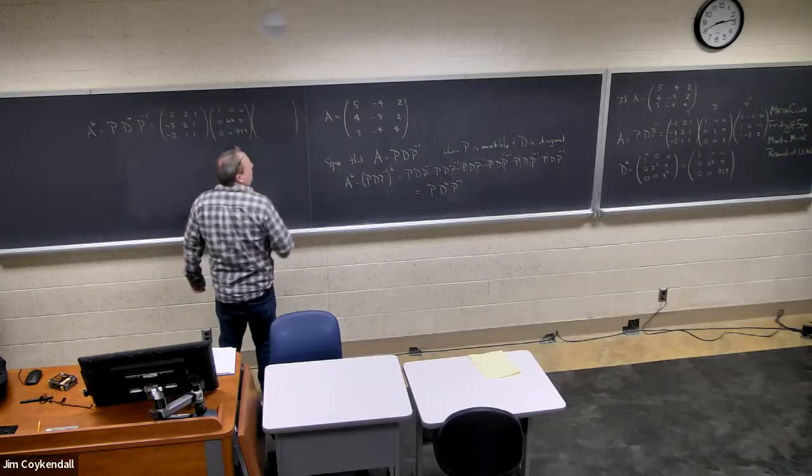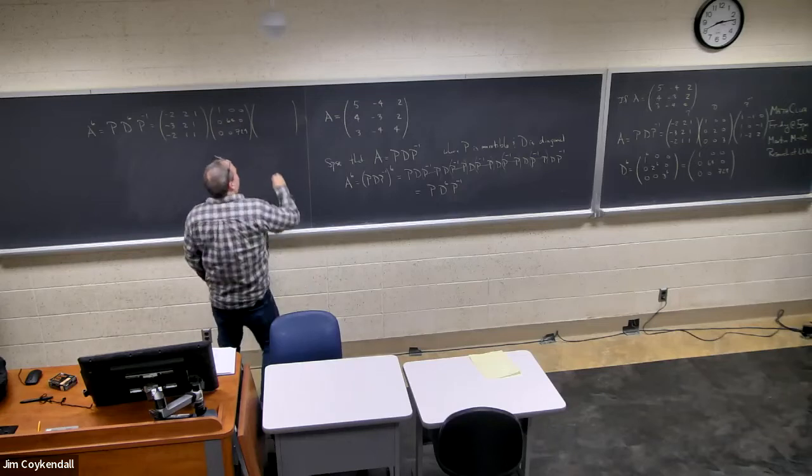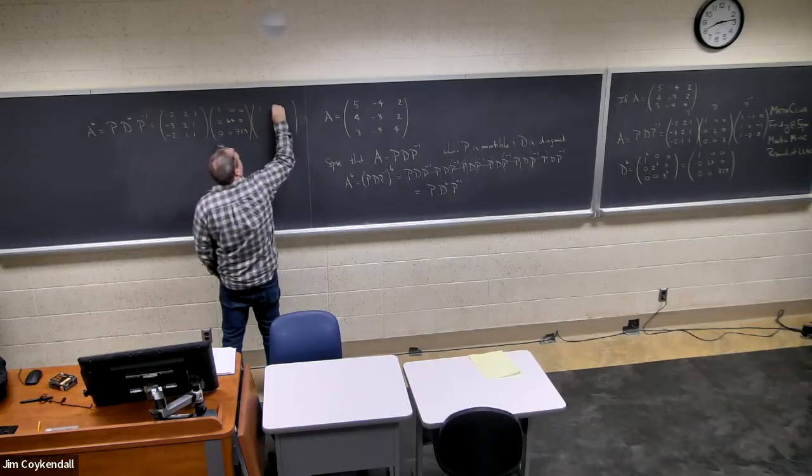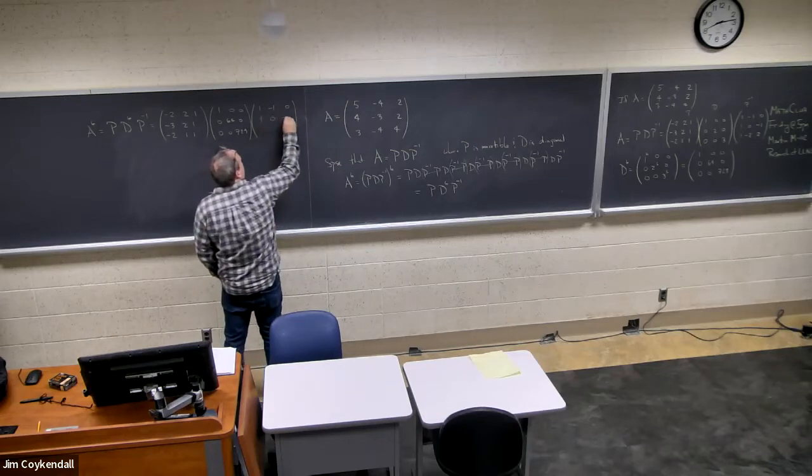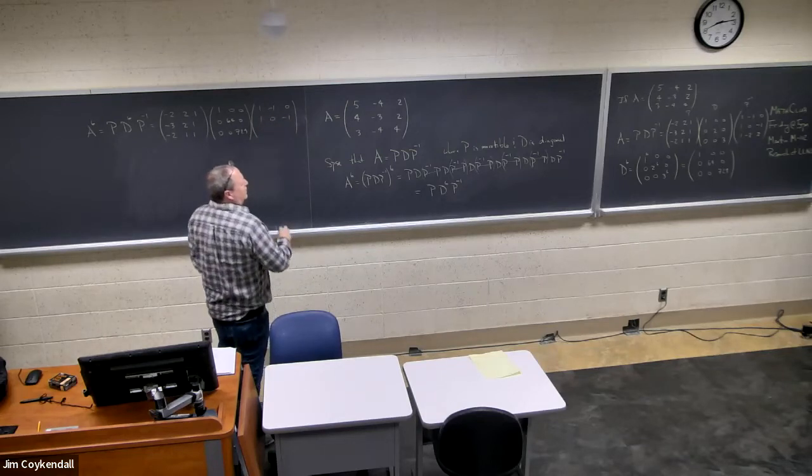And then the inverse of P, which is that trailing matrix.